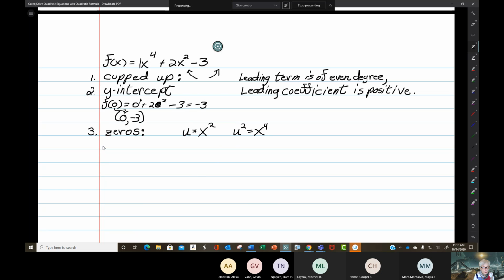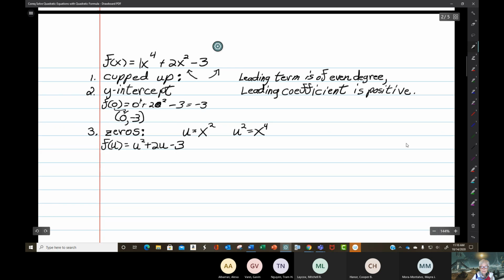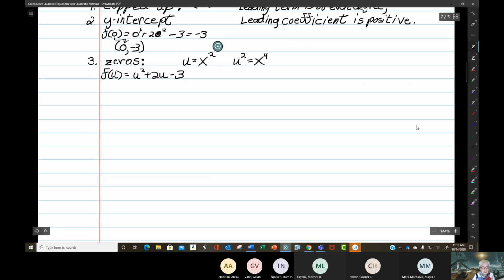So f of u is going to equal u squared plus 2u minus 3. Oh, that's so quick and easy to factor. All right, let's just do it.